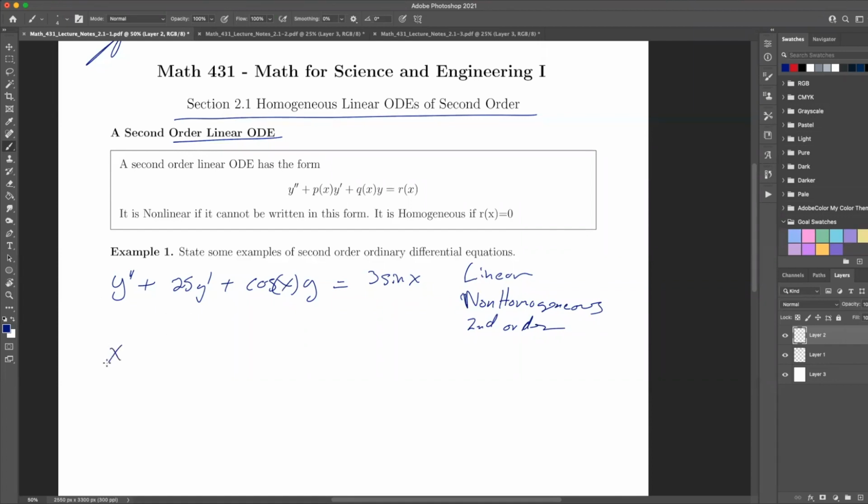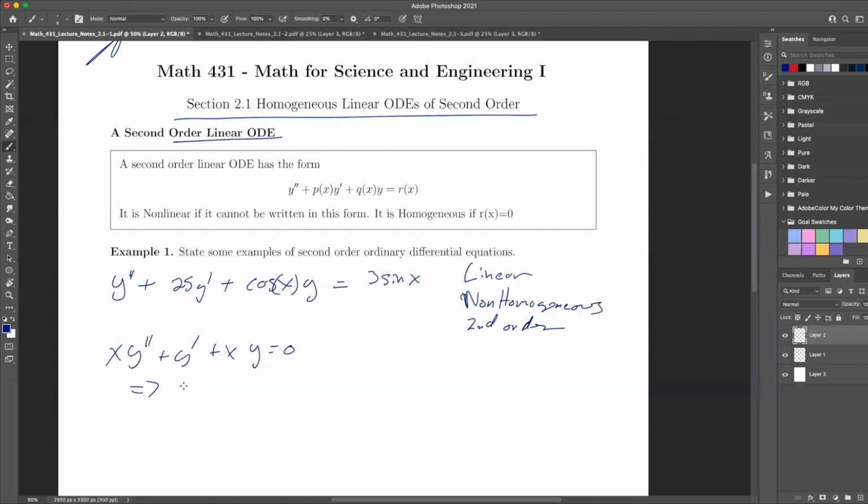All right, so let's look at this. Here we have x y double prime plus x y prime plus x y equal to 0. And notice that this can be rewritten. If you have any function of x up here, you can just divide it out and get it into this form.